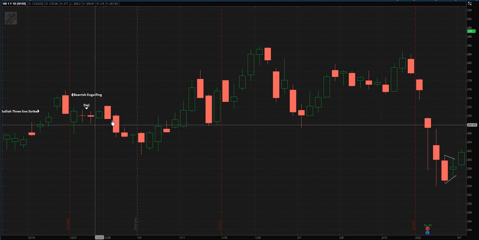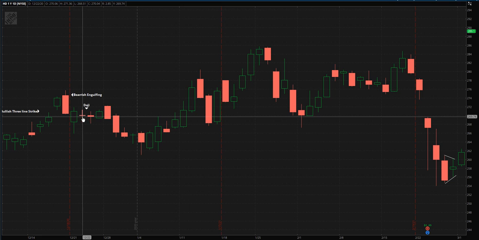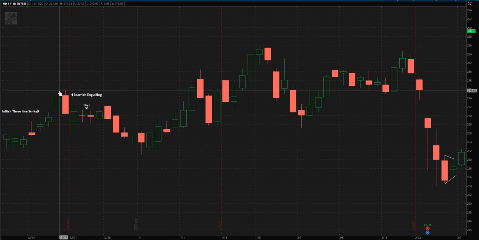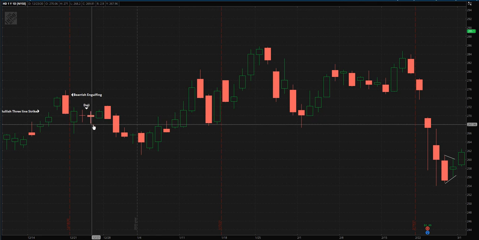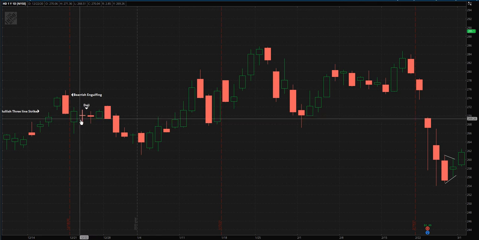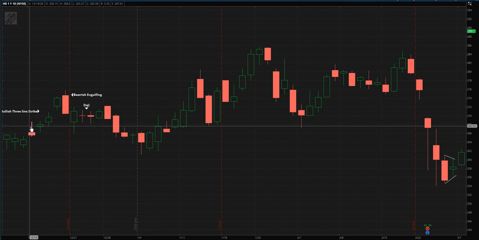Usually, if you find it at the top or the bottom of a trend, say it's green price action going up and you see a red indecision and then a red candle following it, it's a pretty good sign that price is going to go down. Always look for indecisions at the top of your trends, at the bottom of your trends, or even as it's going up.